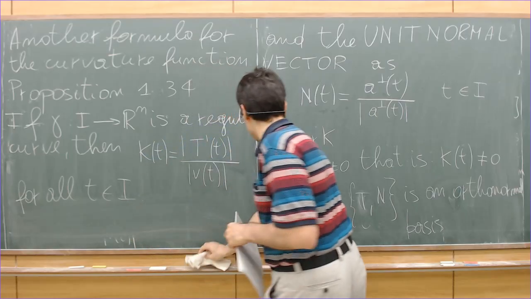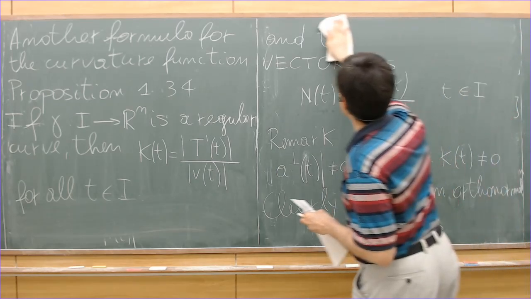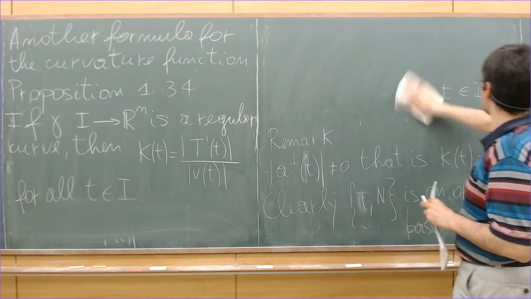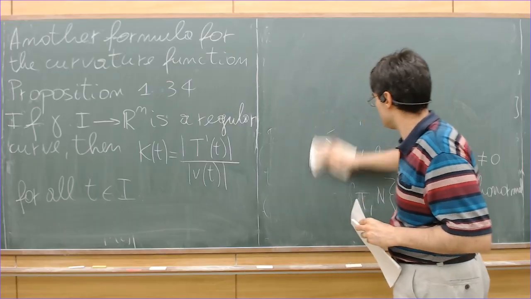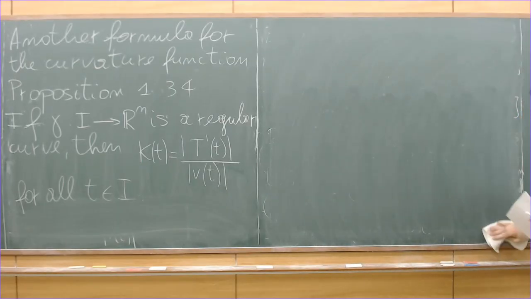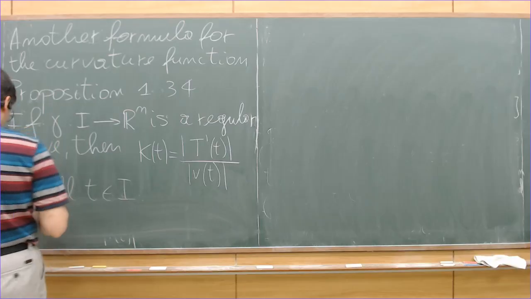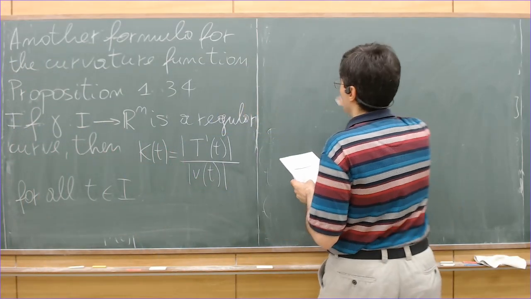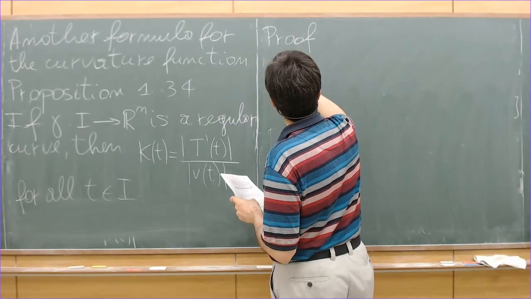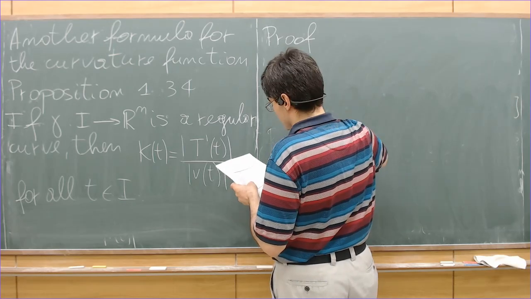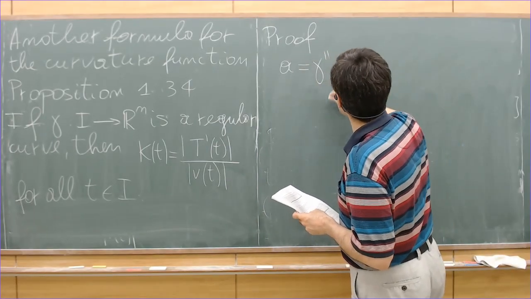Okay, let's prove this formula. Let's observe that the vector A, the acceleration vector, by definition is given by gamma second.